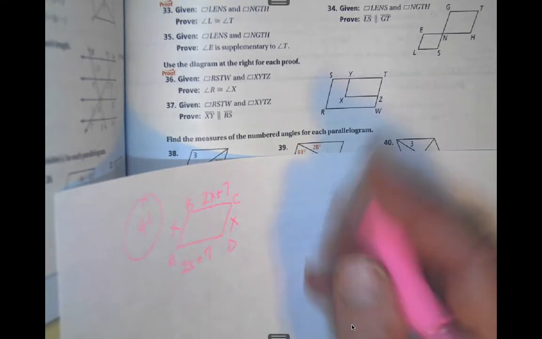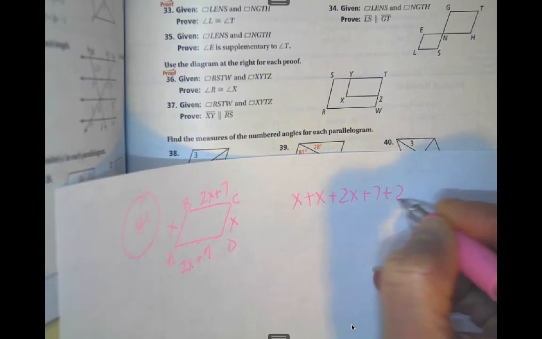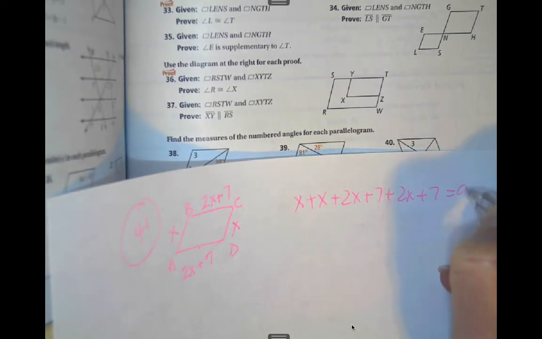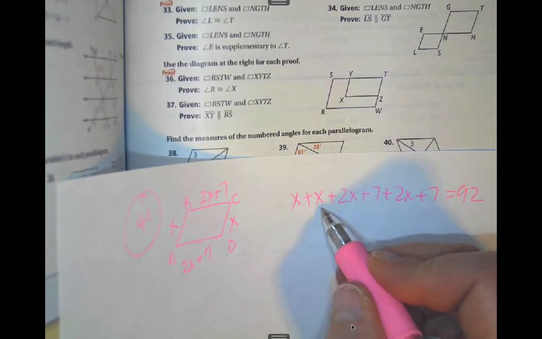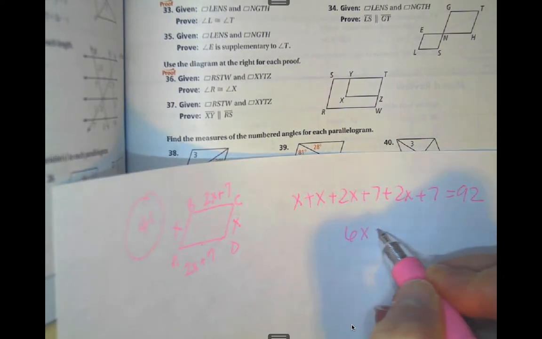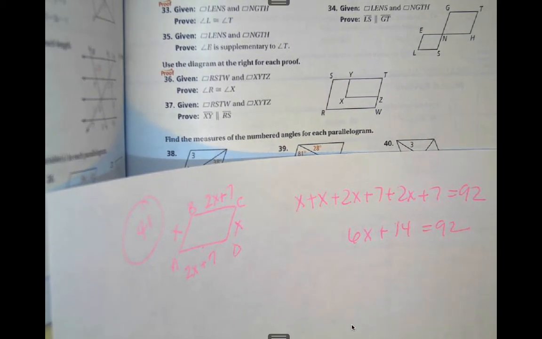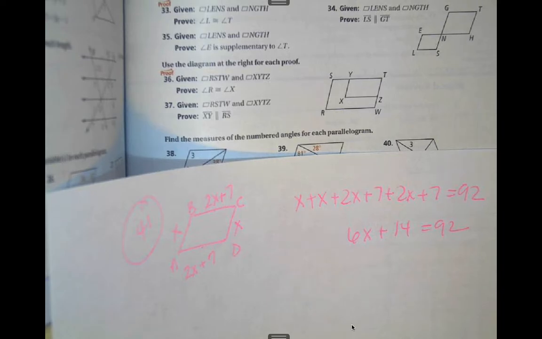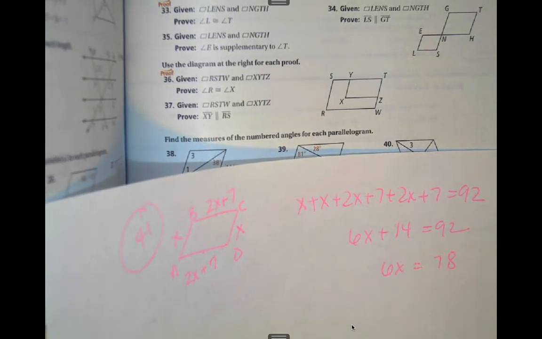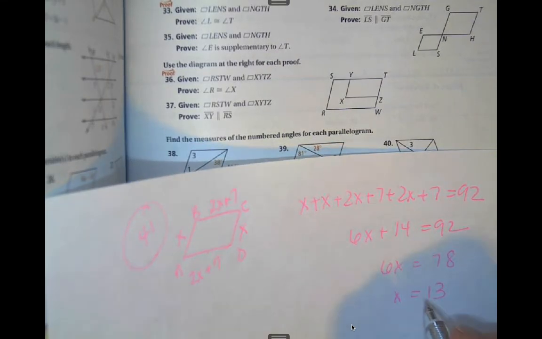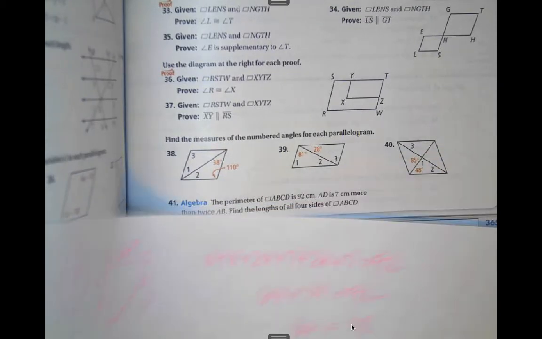So then I just end up with x plus 2x plus 7 plus x plus 2x plus 7 is supposed to be equal to 92. So 6x plus 14 is equal to 92. Subtract the 14. 78. 6x is equal to 78. Divide by 6. x is equal to 13. So then it asks me to find the lengths of all the 4 sides.